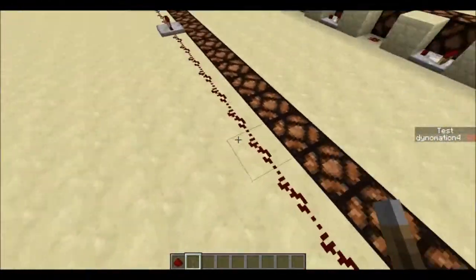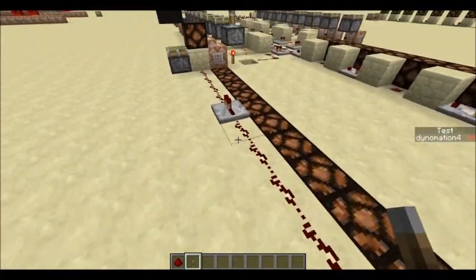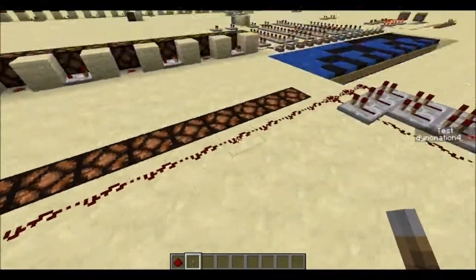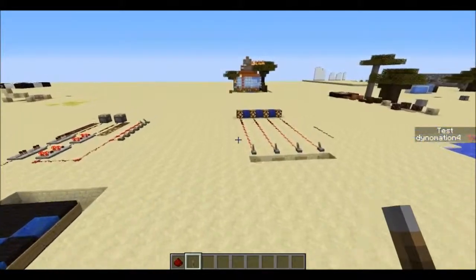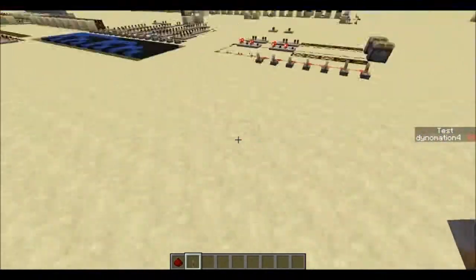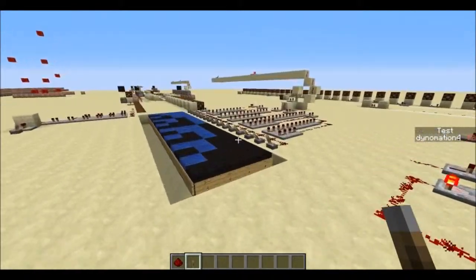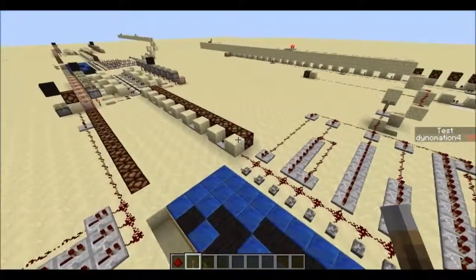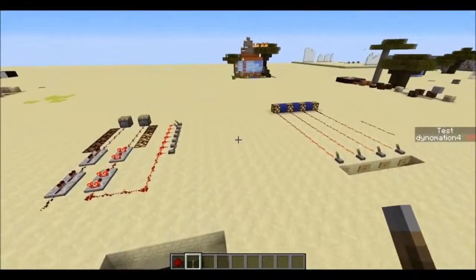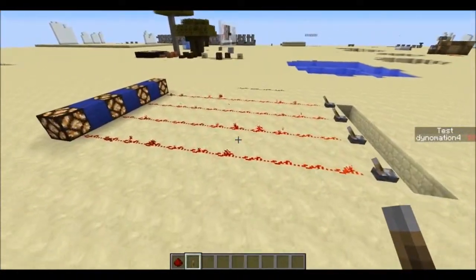So this is 1 wire, and it can send 1 bit of information, but redstone wire has strength. You can see it fading, it gets darker. So there's a way to access this strength and continue it through the wire, because redstone can have a signal strength of up to 15.